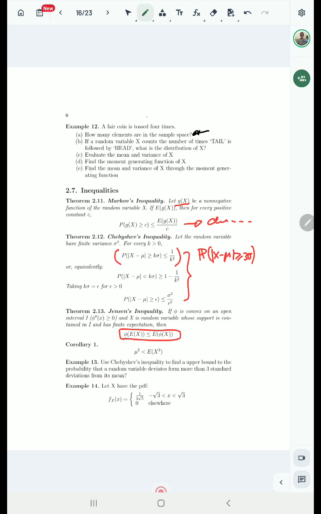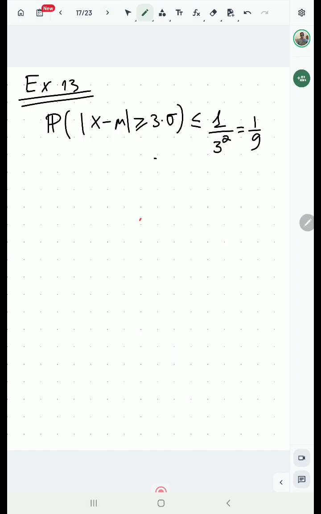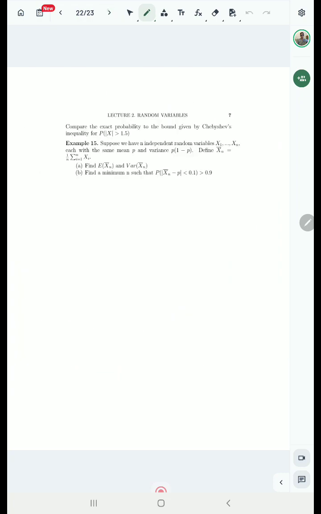Example 14, we have a PDF. Let me solve it here. We have a PDF, and we have to evaluate the probability that the absolute value of x is greater than 15.